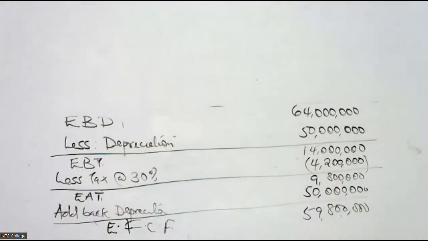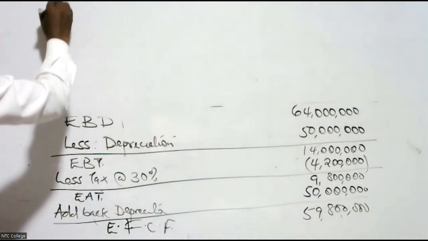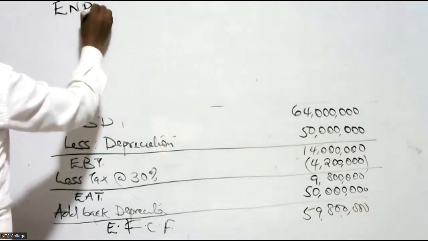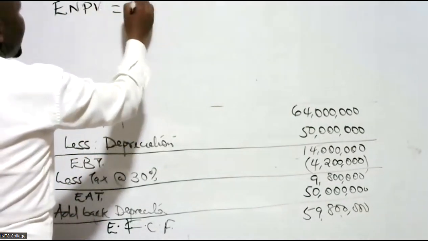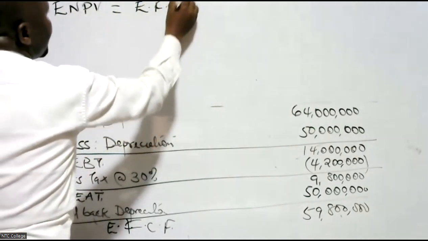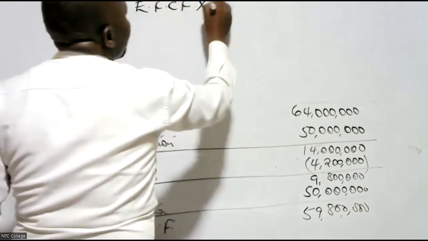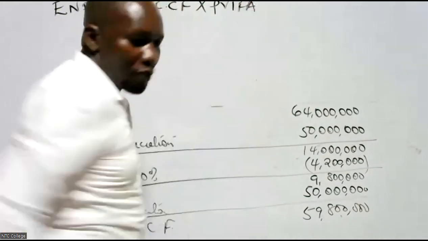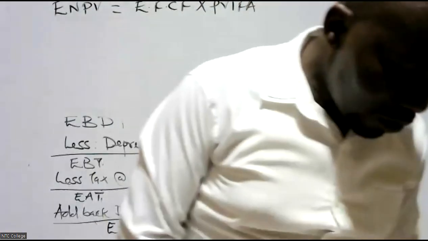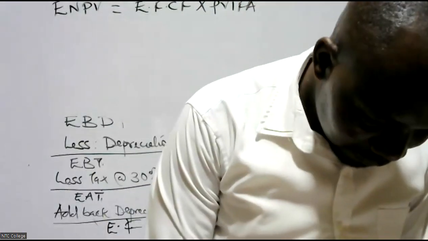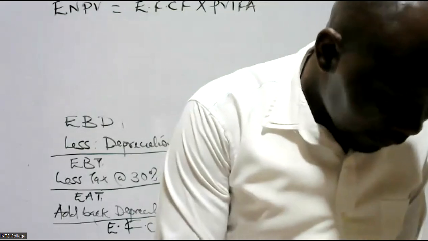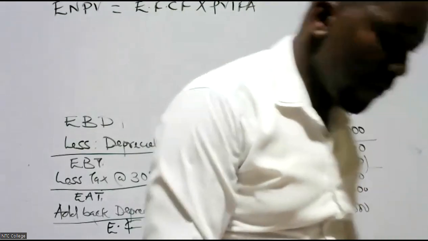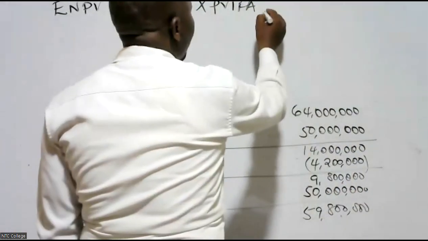Now our expected NPV is equal to expected free cash flow times PV. We are told annually still, so it is PVFA. What is the rate?